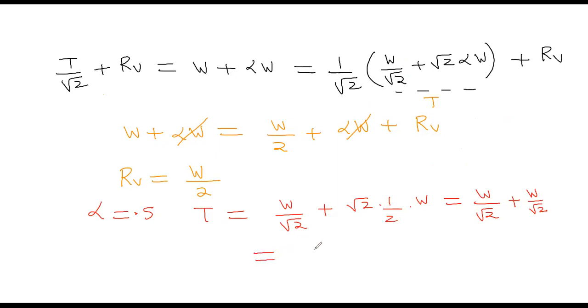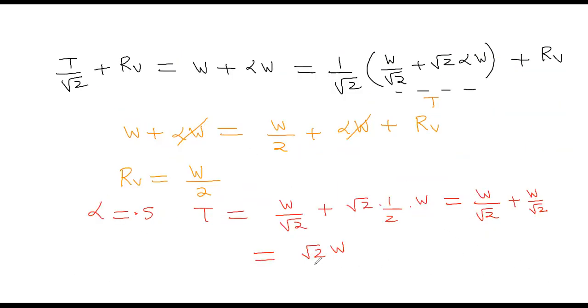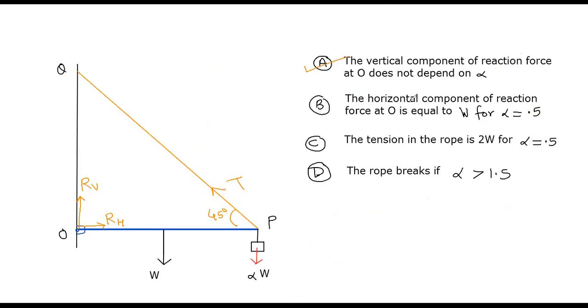So T will be equal to root 2 W. Now, the horizontal component of hinge reaction is RH equal to T by root 2, and that will be equal to W. So option B is also correct.